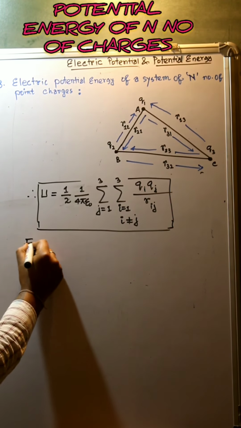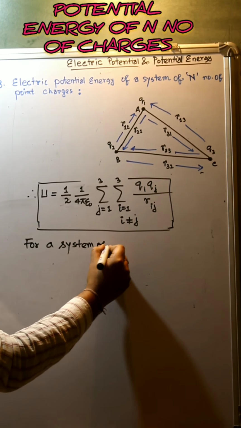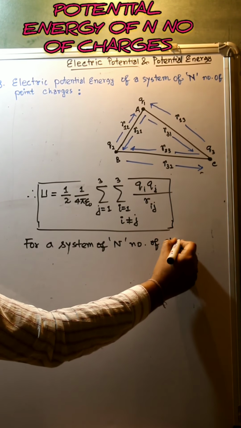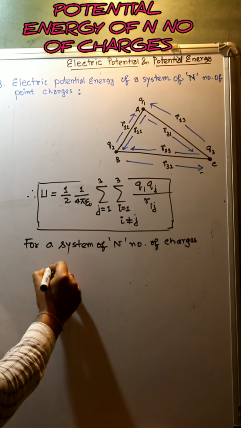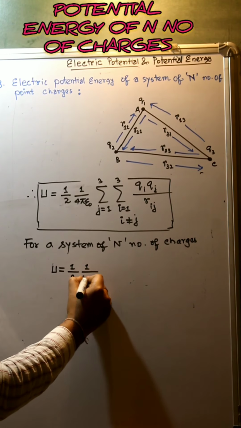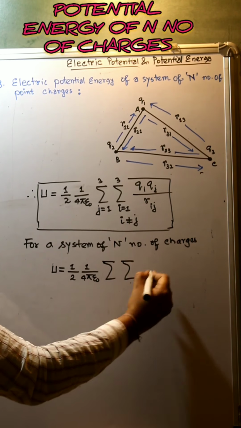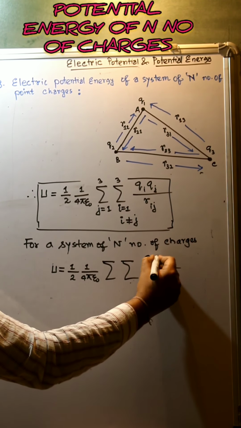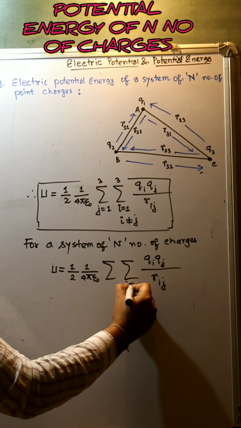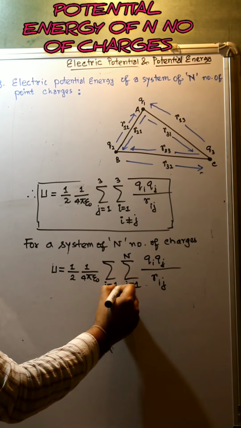So for a system of n number of charges, U is equal to 1 by 2, 1 by 4 pi epsilon 0, summation Qi Qj divided by Rij. i starts from 1 to n, not to 3, and j starts from 1 to n.